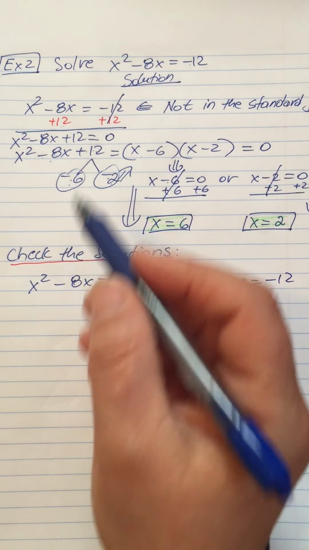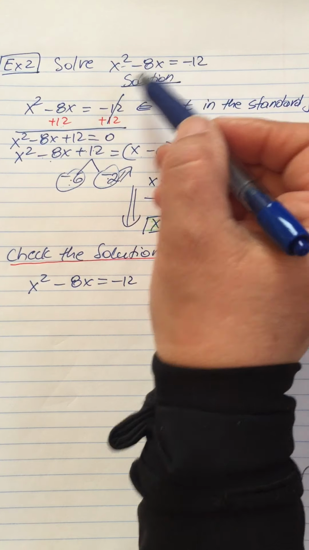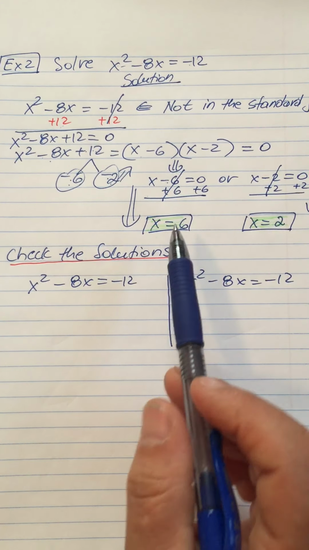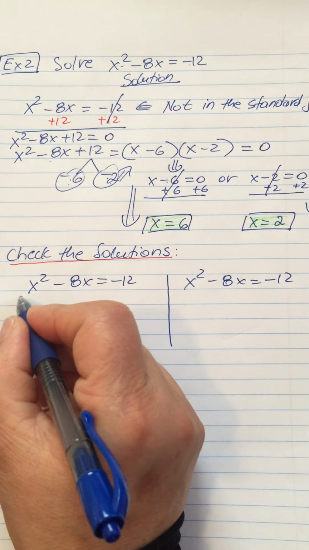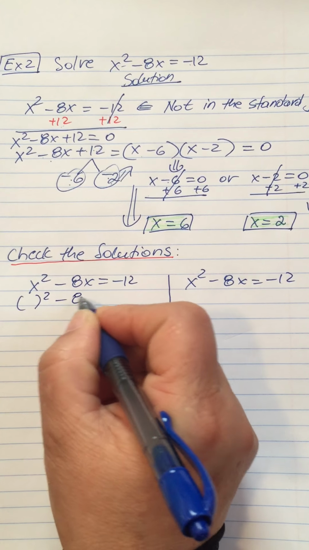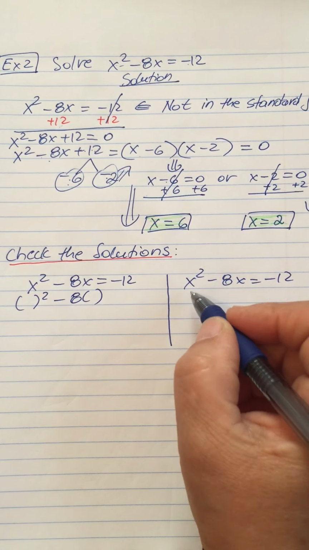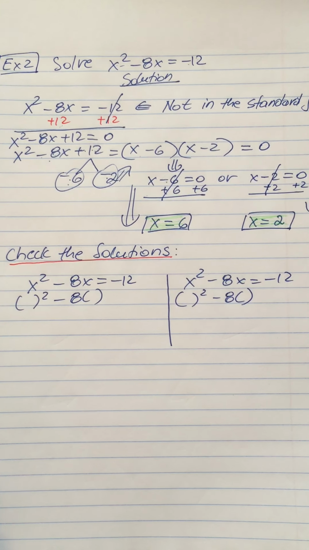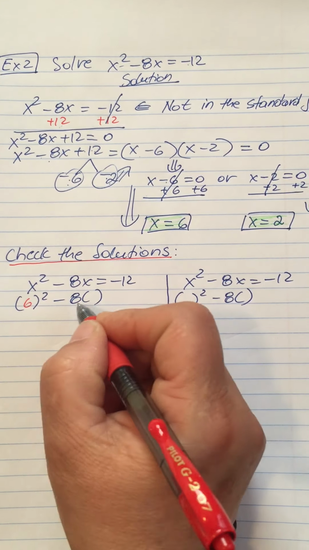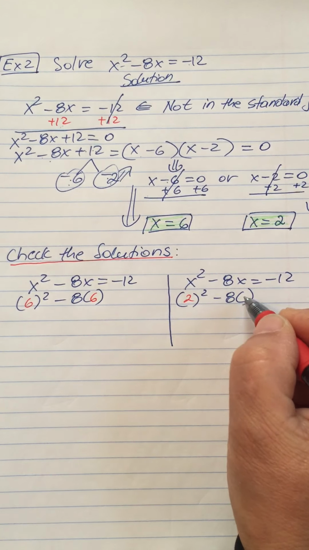Always when we check the solution, we check in the original statement. Now I have to replace x with 6 and with 2. Okay, so 6 here and 2 here.